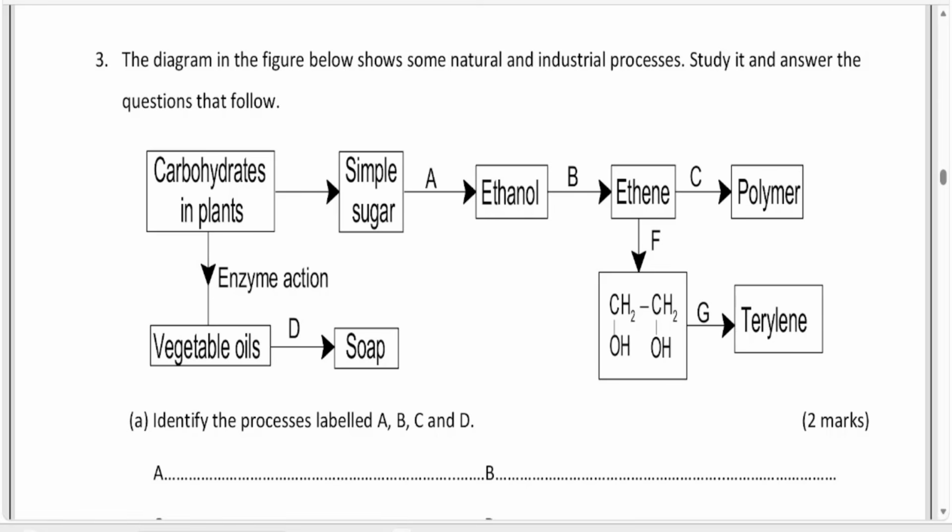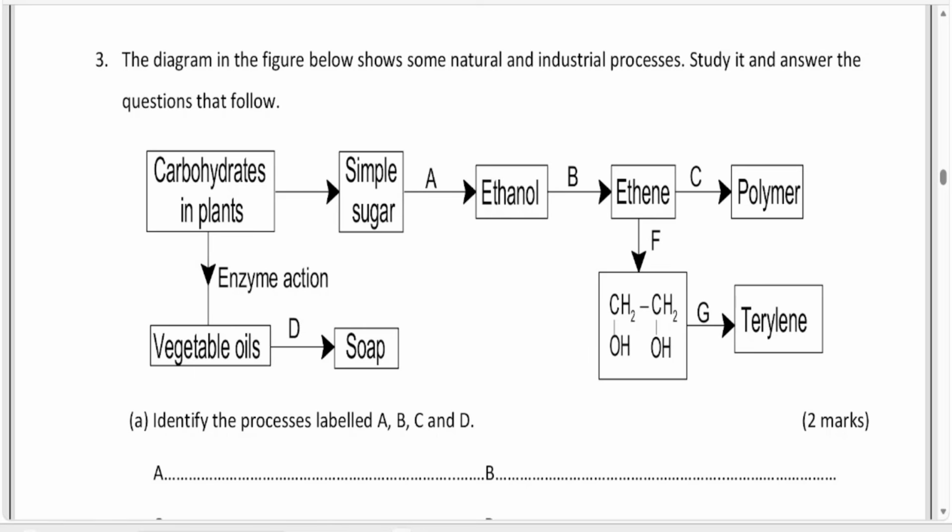These carbohydrates lead to formation of simple sugar, and this simple sugar is passed through a certain process that leads to formation of ethanol. And we know in science this reaction, we call it an anaerobic reaction, that occurs in plant cells that leads to formation of ethanol.